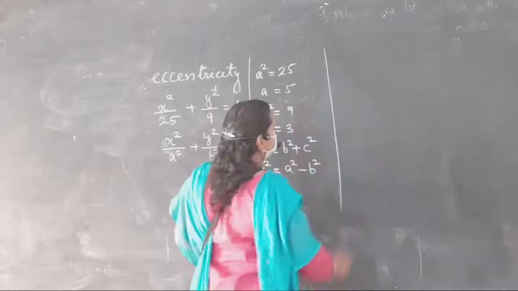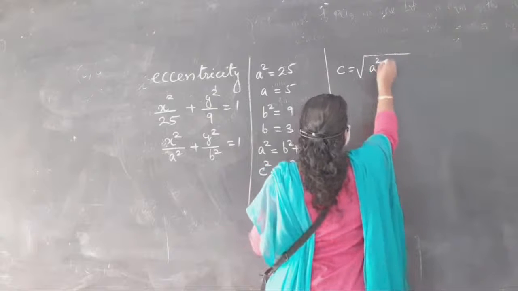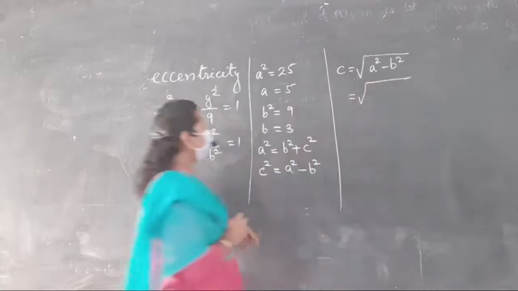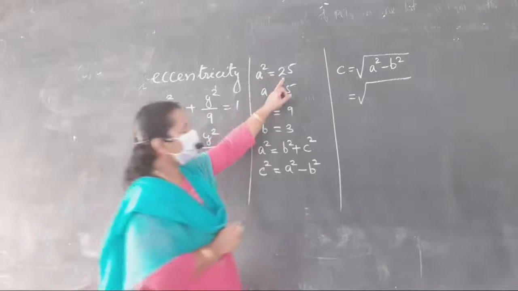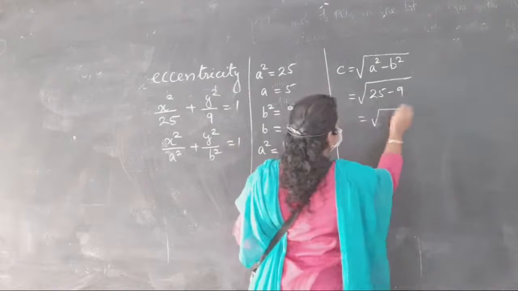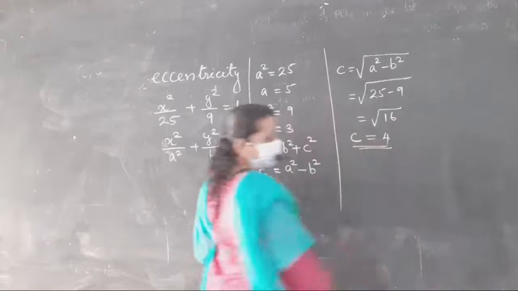Then c equal to root of a square minus b square, that's equal to root of 25 minus 9, equal to root 16, equal to 4. c equal to 4.